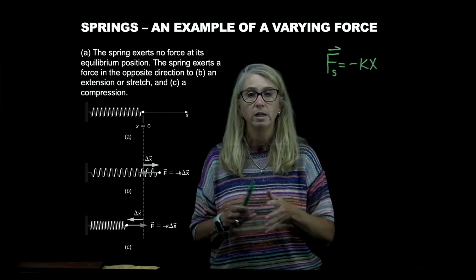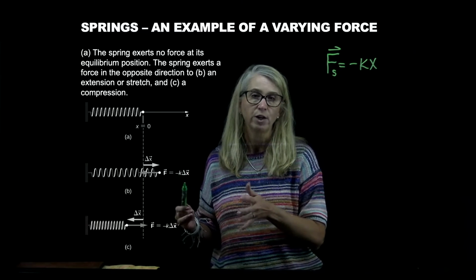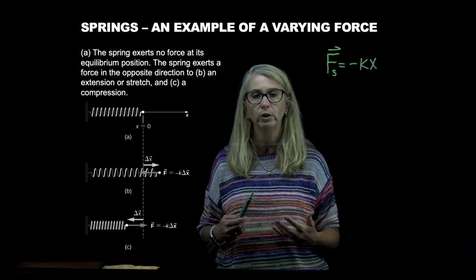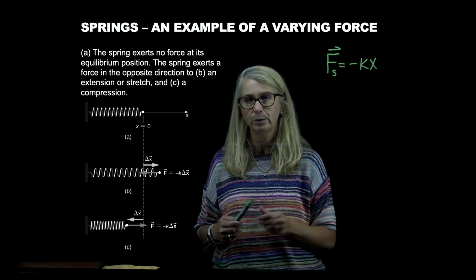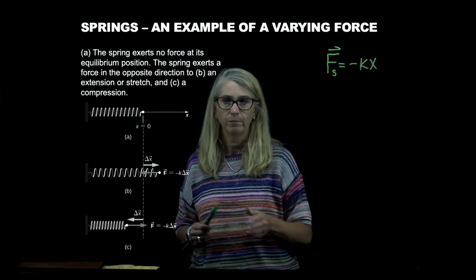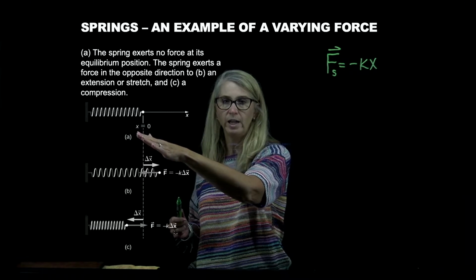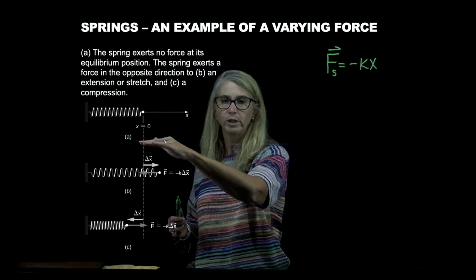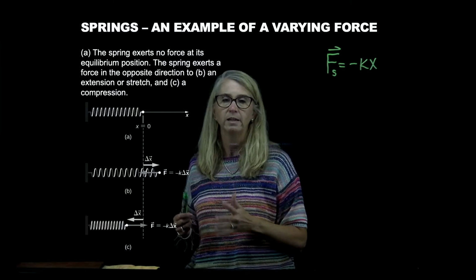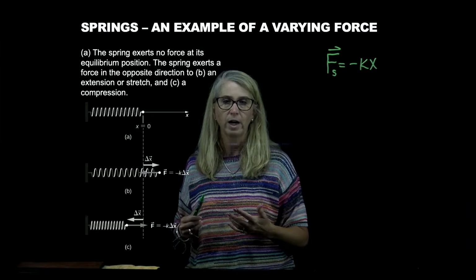And so the measure of stretch and compression is what we're going to be looking for when we think about this x. Here in this first picture is the spring at its natural length. The position of the spring we say is 0 because, again, it's not being stretched or compressed.